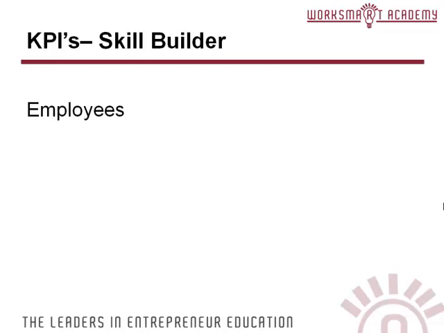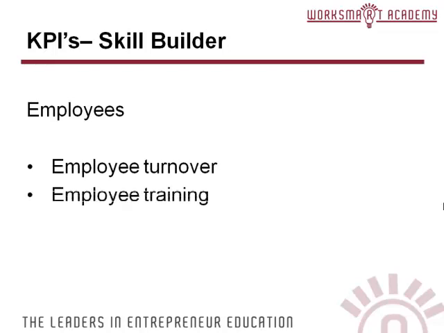They determined that the three KPIs in this area are employee turnover, employee training, and accident rates. These KPIs are established to meet the criteria guidelines and reflect what the company management feels are critical to their success in this area.